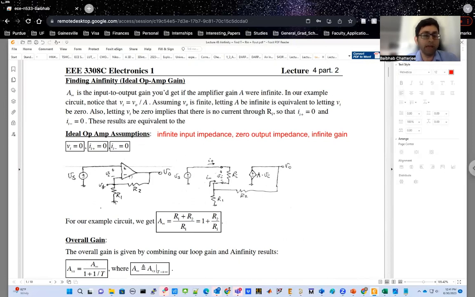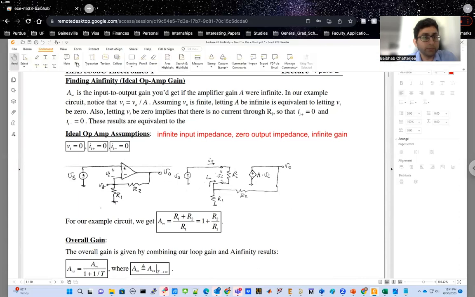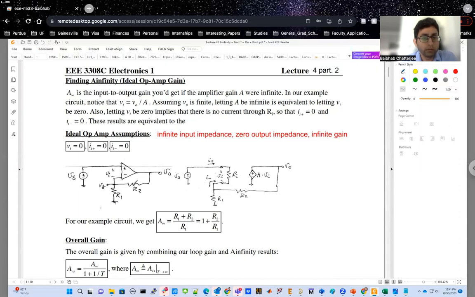So let's say you have the same network that we had seen in the previous PDF, that you have an R2 resistance coming from your V0, and then an R1 resistance that is connecting this point to ground, and this point's voltage is VF.